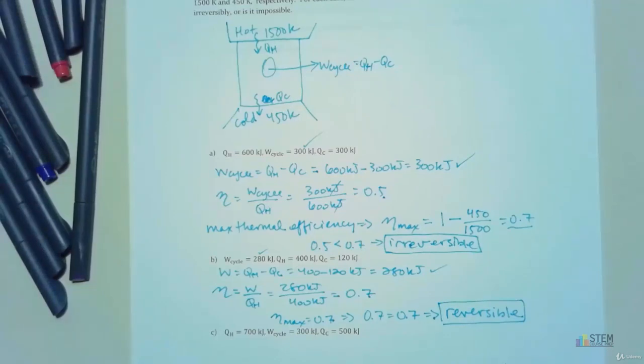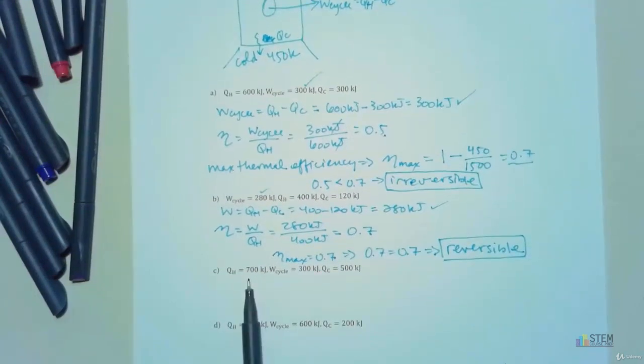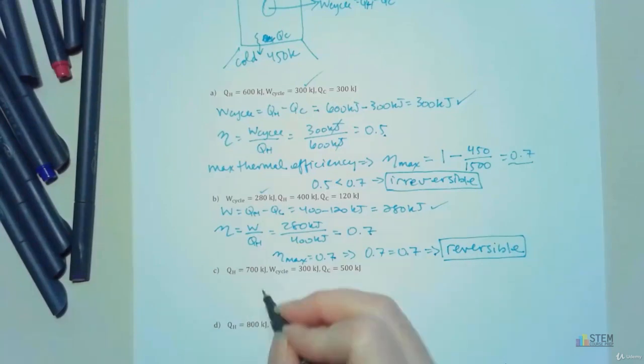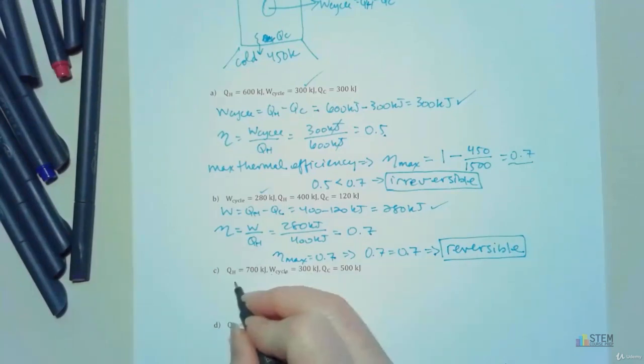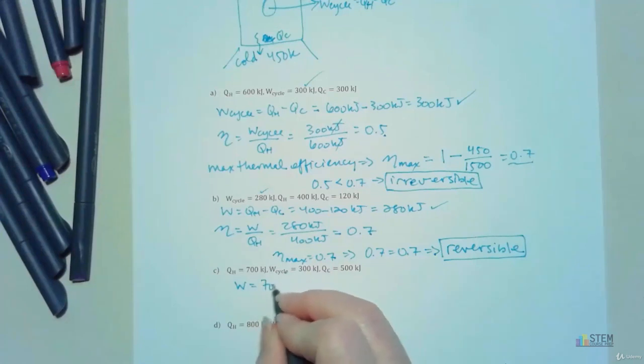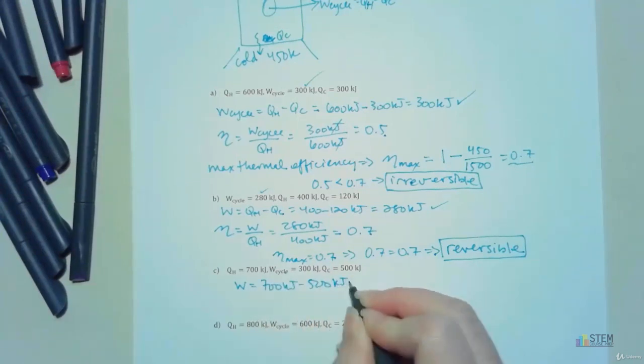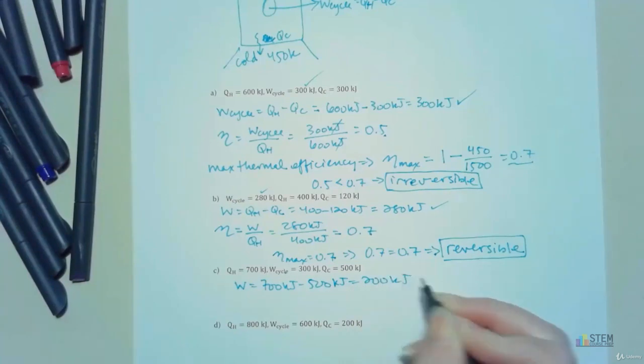Two more. This one we have a QH of 700, work of the cycle is 300, QC is 500. Remember, the temperatures of those reservoirs don't change. Let's double check this work. So we have QH minus QC. That's going to give us 700 minus 500. And that is obviously 200 kilojoules.